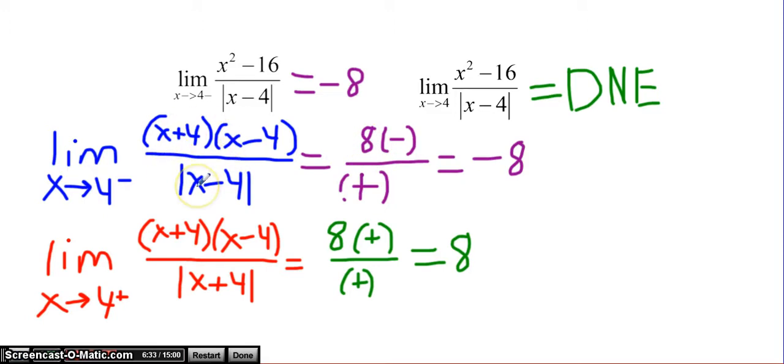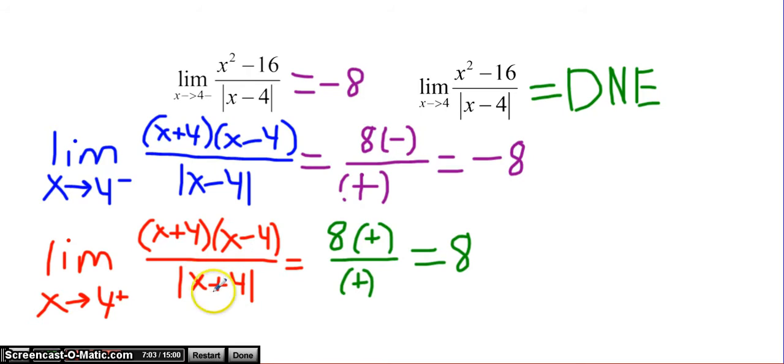This function, if you graph it, this piece of the function is going to be the same as negative x minus 4. It's going to look like that line. So when you graph this function, to the left of 4 is the line negative x minus 4. To the right of 4 is the line x plus 4, because the same thing's going to happen here, except for now when I put in numbers very close to 4, but to the right, this term is going to be positive.